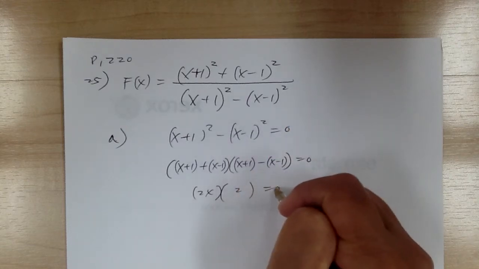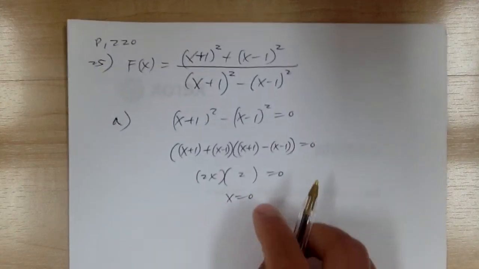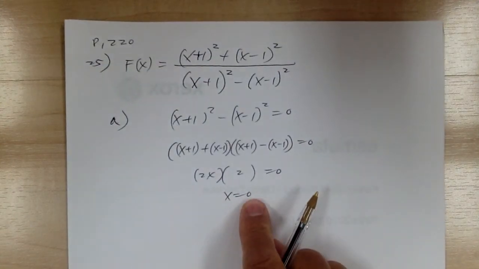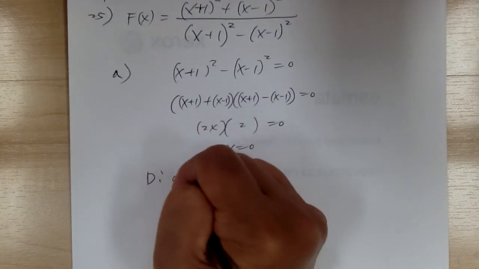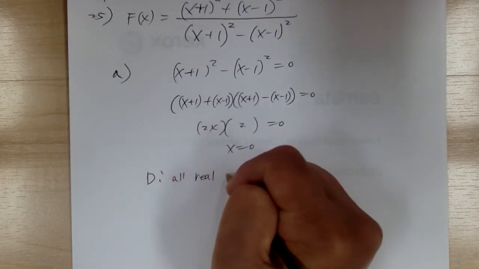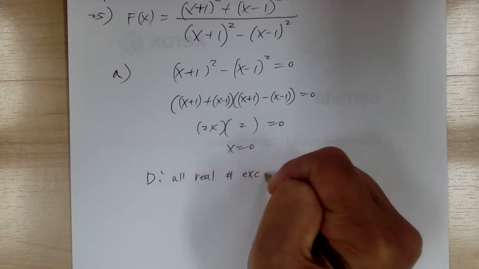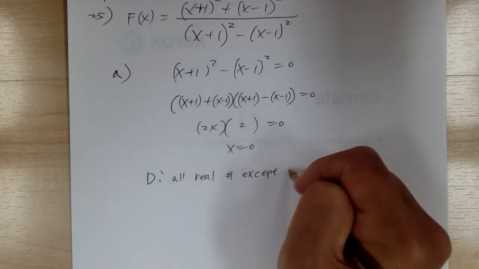So you're going to get x equal to 0. This is not allowed. So for part A, your domain would be all real numbers except 0.